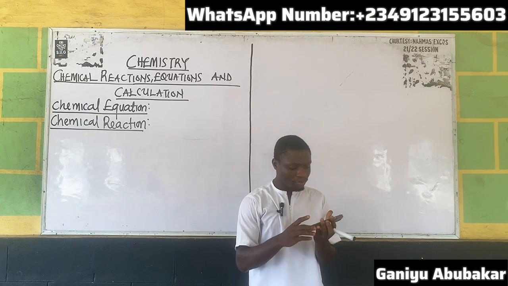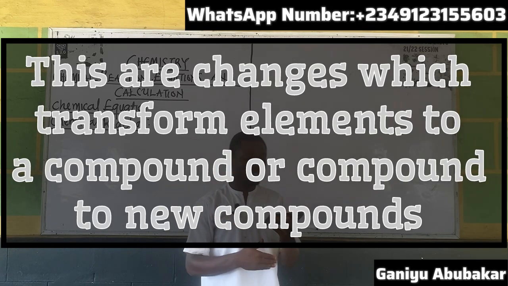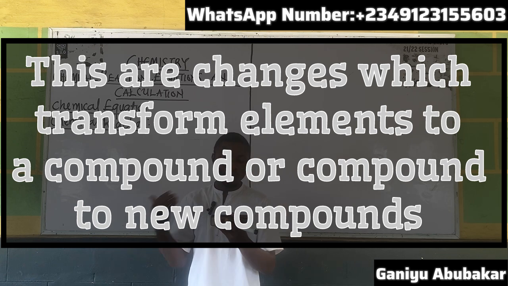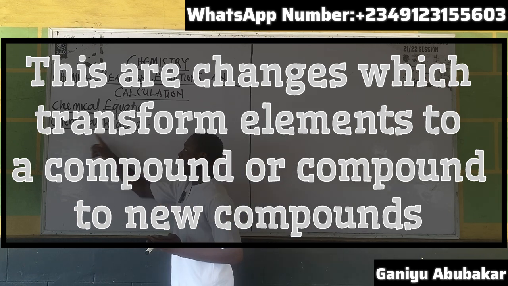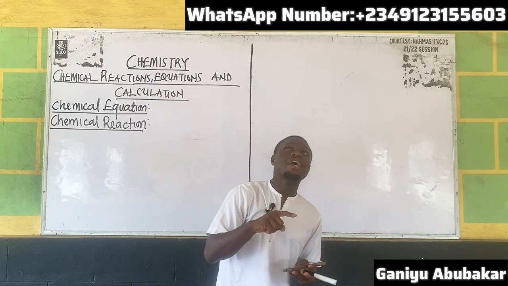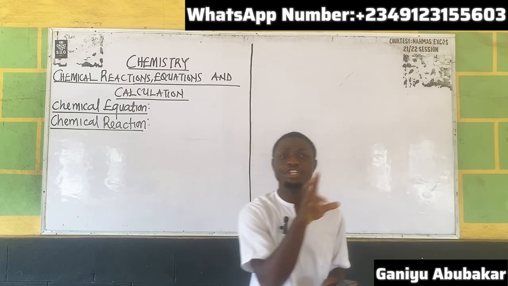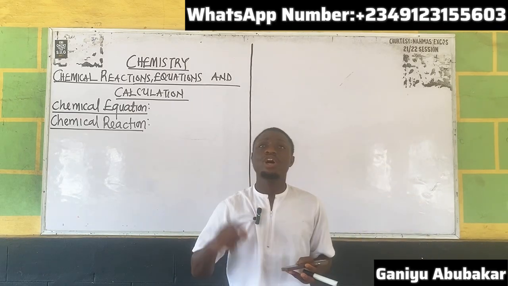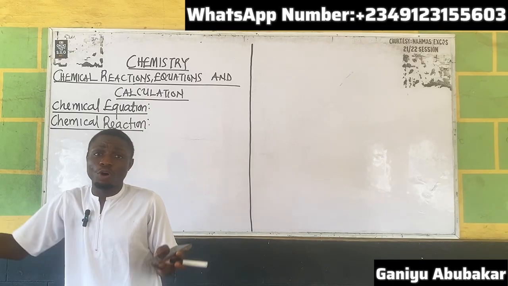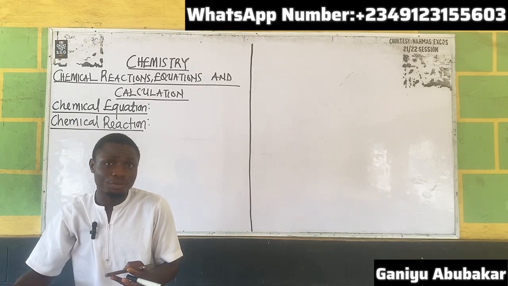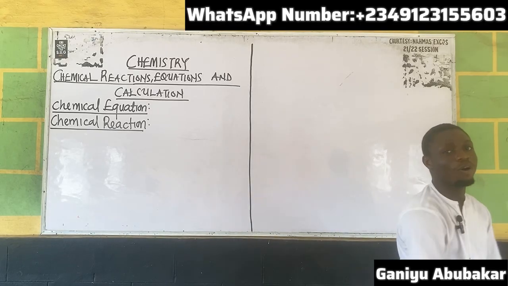By definition, a chemical reaction is changes which transform element to compound or compound to new compounds. When it comes to chemical reaction, you're either combining an element and another element to form a new compound, or combining an element and a compound to form several compounds, or perhaps combining a compound and another compound to give you several new compounds.